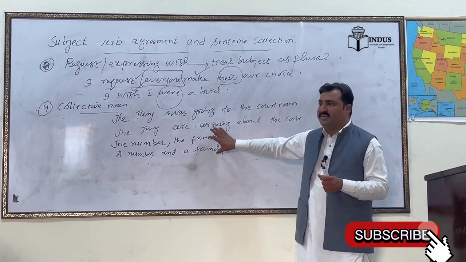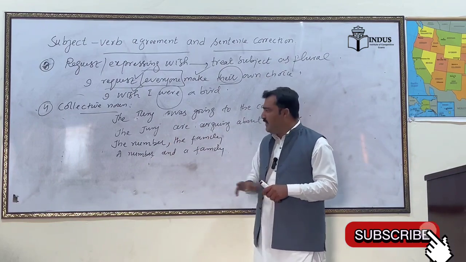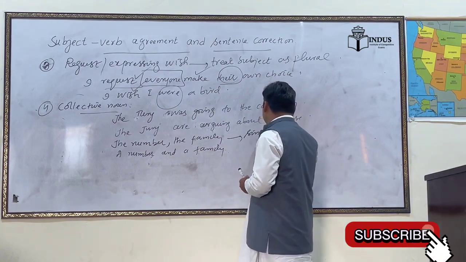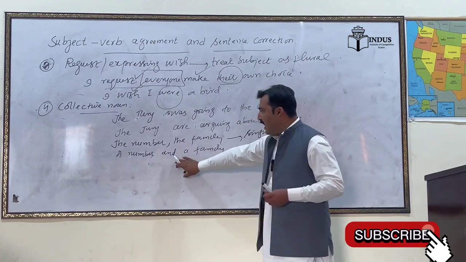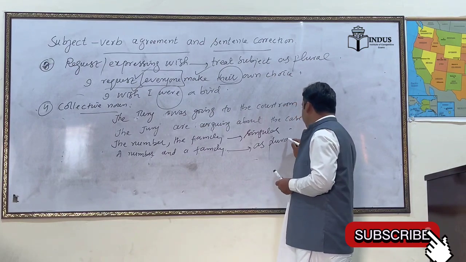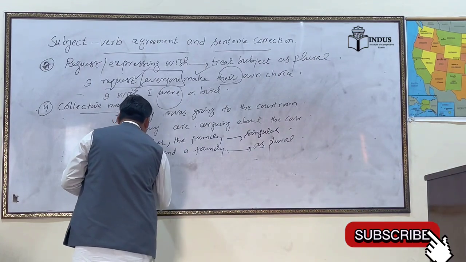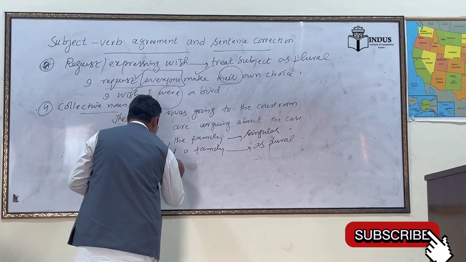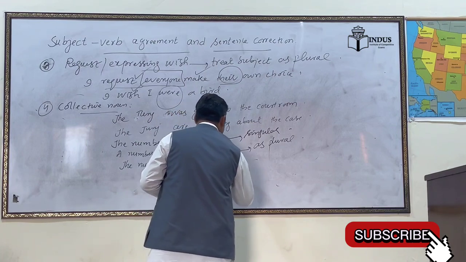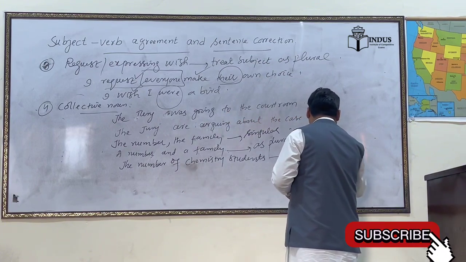These questions are frequent in exams, that we treat "the number" and "the family" as singular, and "a number" and "a family" as plural. I say, the number of chemistry students, small.